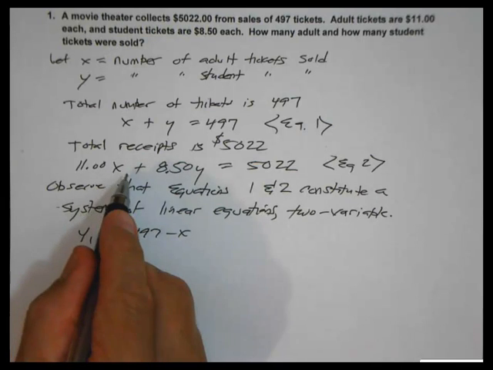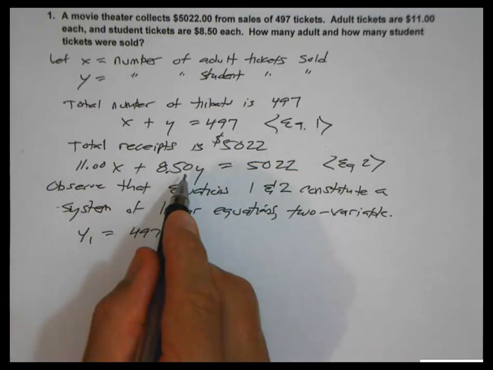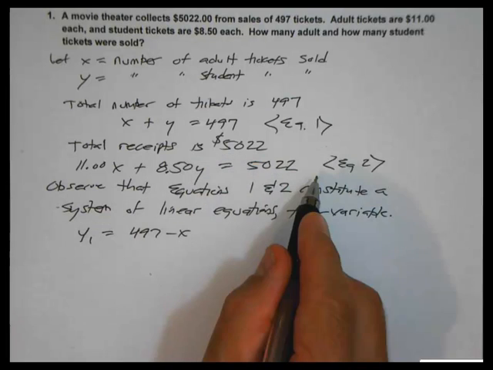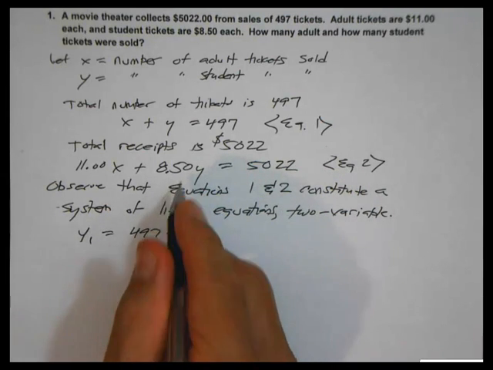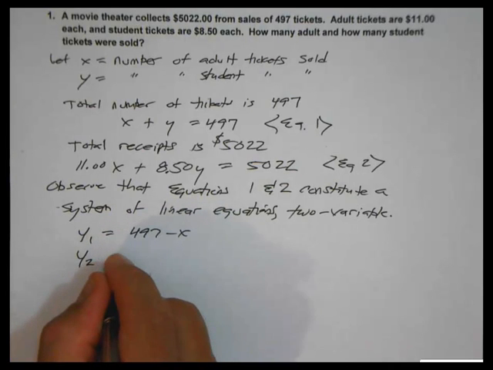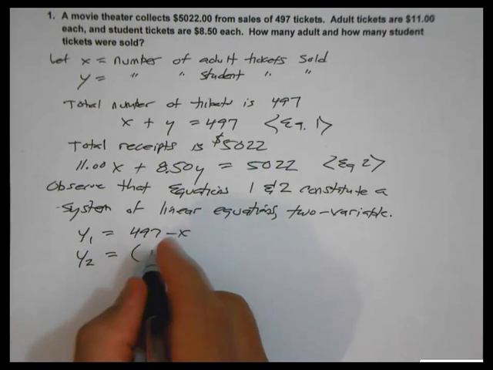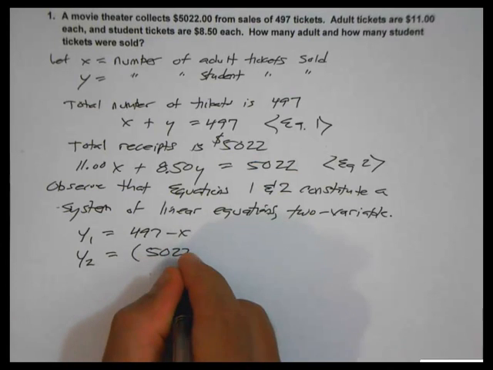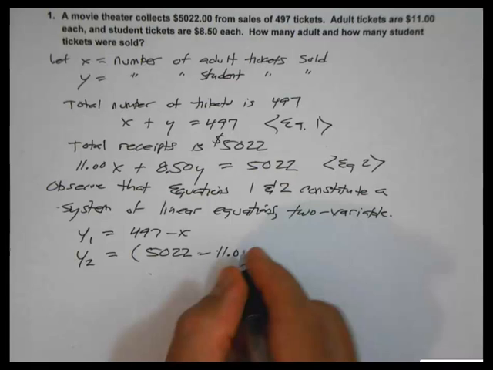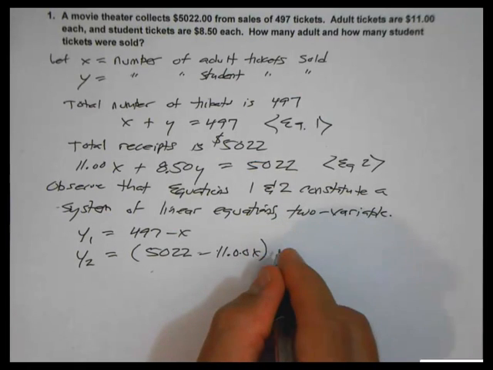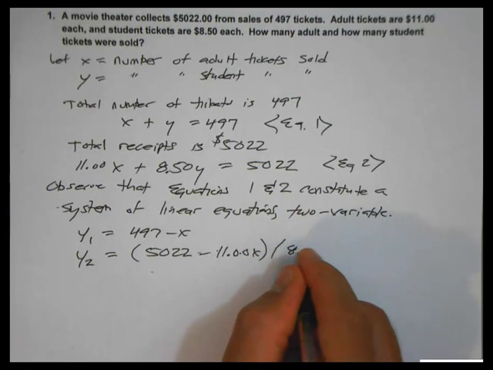In the case of our second equation, solving for y by subtracting 11x from both sides, then dividing both sides by 8.50, we could have y sub 2 equaling the quantity 5022 minus 11.00x, divided by 8.50.